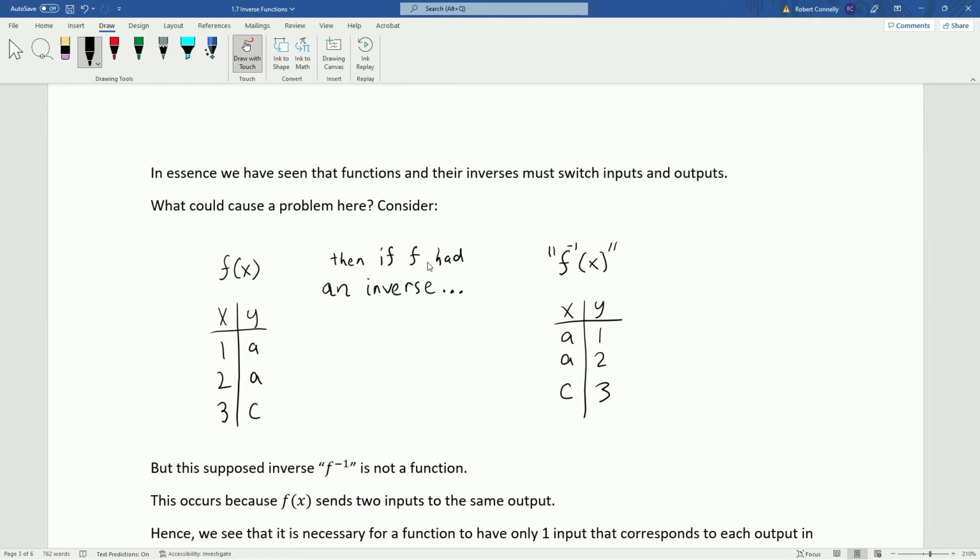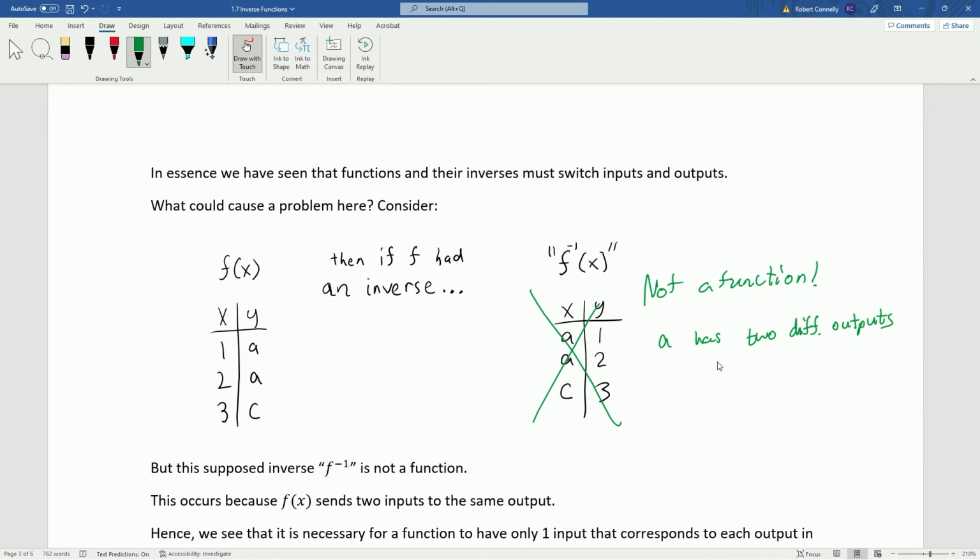So if f had an inverse, it doesn't, but if it did, we would expect it to look like A1, A2, C3. This is a problem, because here we have the same input A going to two different outputs. So this is not a function. The input A has two different outputs.